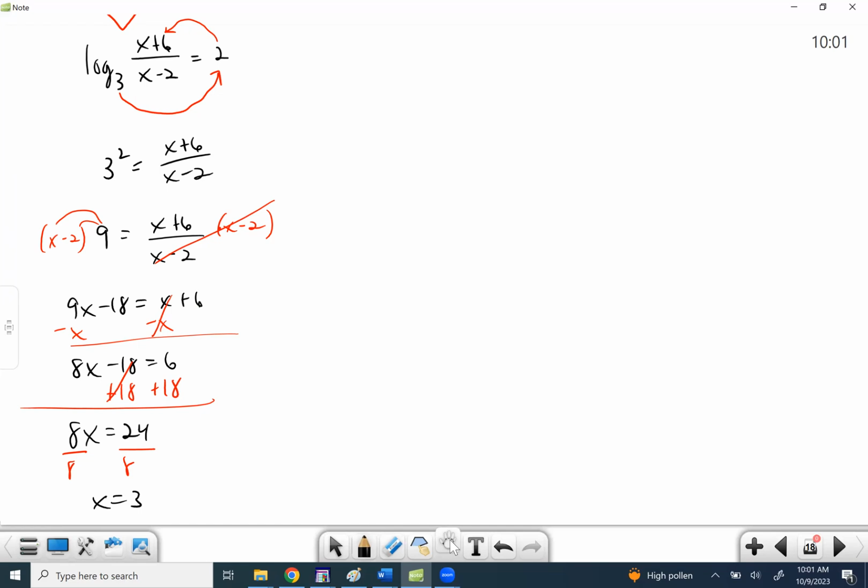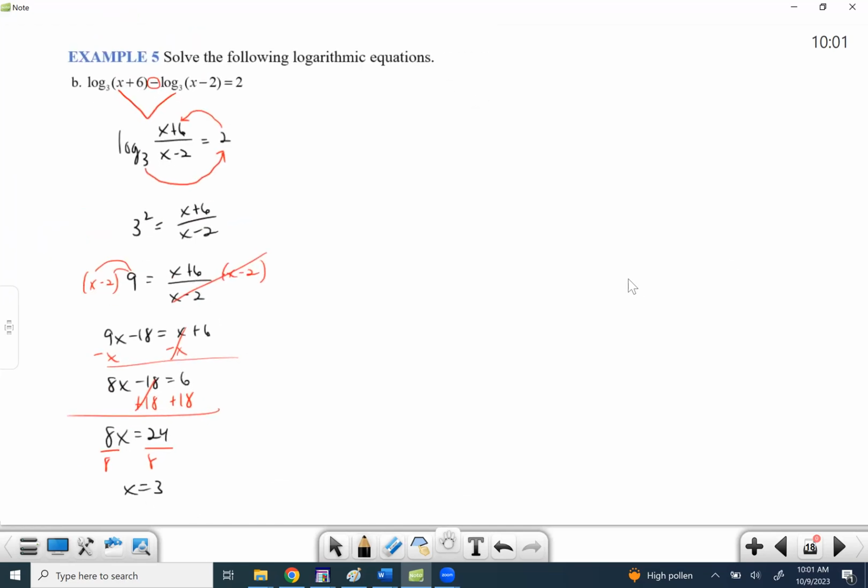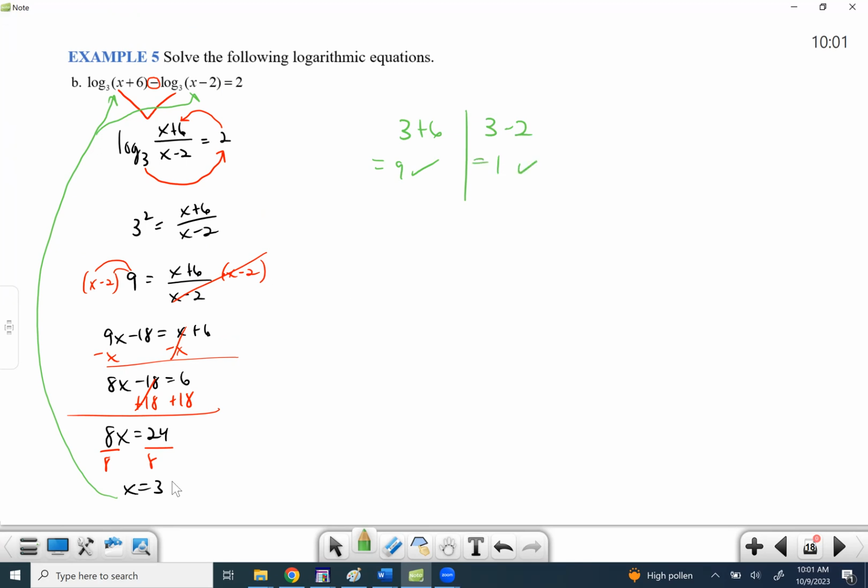Let's go see if 3 checks out. Sorry, lost my voice there. Okay, so we're substituting 3 in here. So 3 plus 6 equals a positive number. And we're going to substitute 3 in here. 3 minus 2 equals a positive number. x equals 3 is a valid solution.